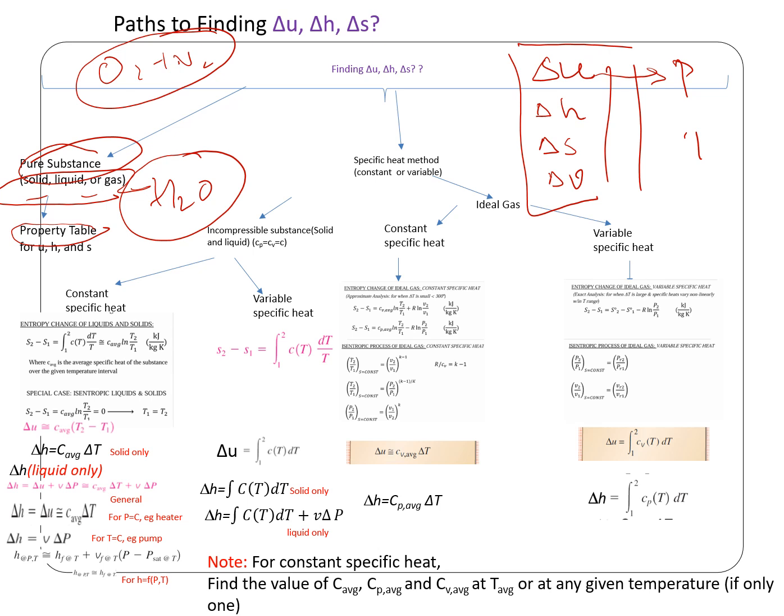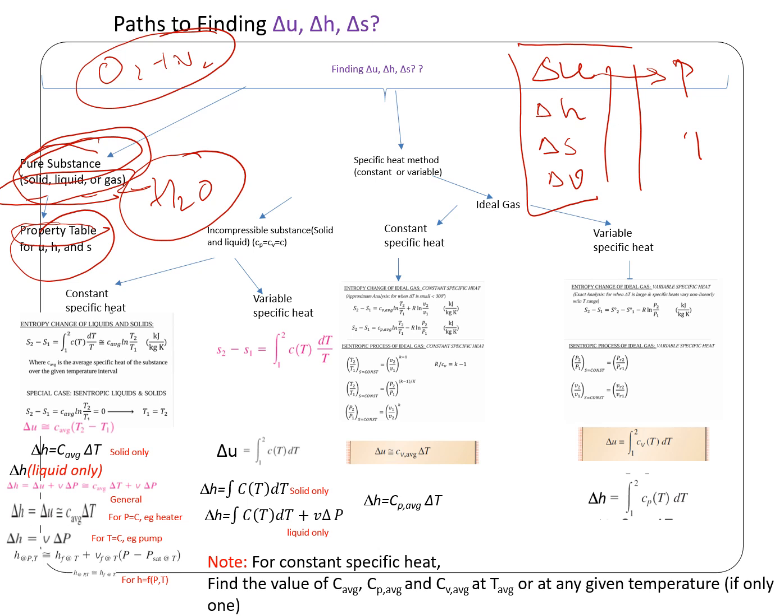For a mixture of gases, maybe some of you will be taking the course on Thermo 2. We will discuss that in those chapters. But here our focus in Thermo 1 is just on pure substances. So the first priority is to get the property value from the property table.